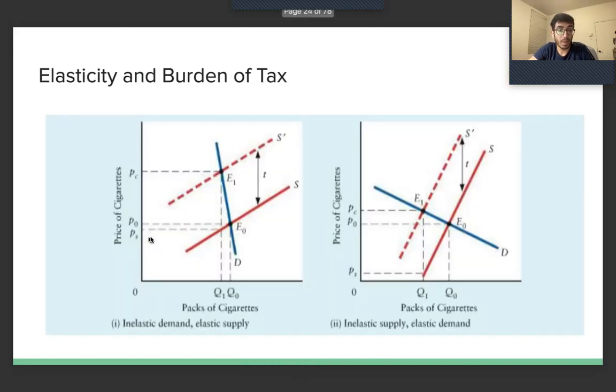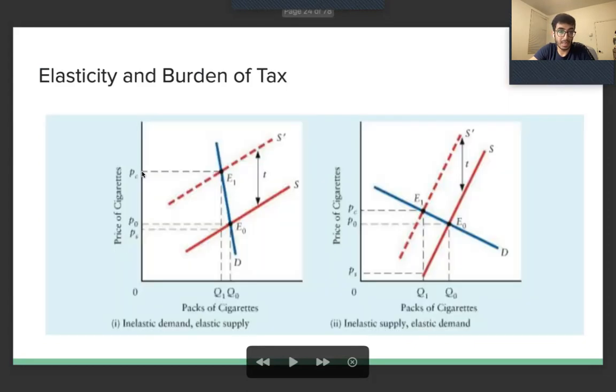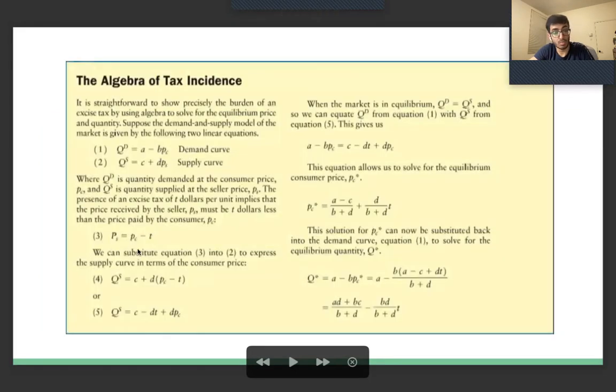So we know that the price of the supplier, PS, is just PC minus this gap, which is just the tax. So PS is just PC minus the tax. That gives you a relation between both the prices, and you have T given. So T is not a variable, it's a given amount.